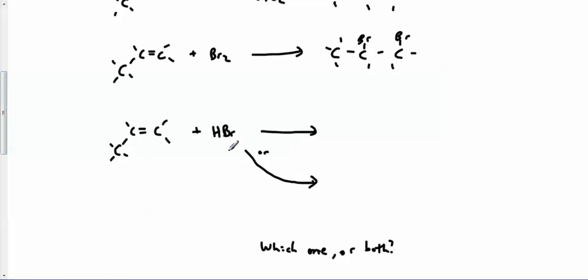HBr. Now here I was giving a Br to both, so it didn't matter where these things went, because each carbon's getting a Br. But here one's going to get an H and one's going to get a Br.